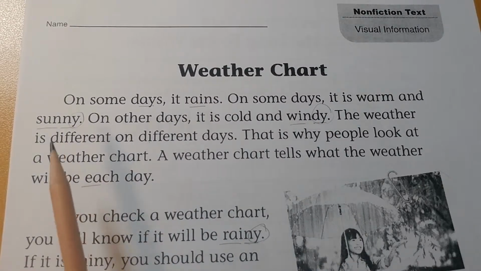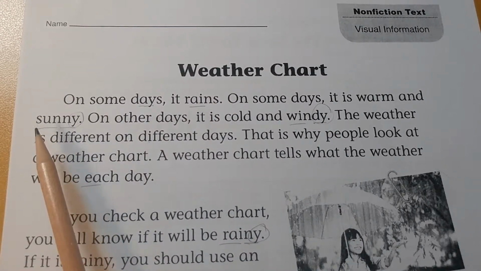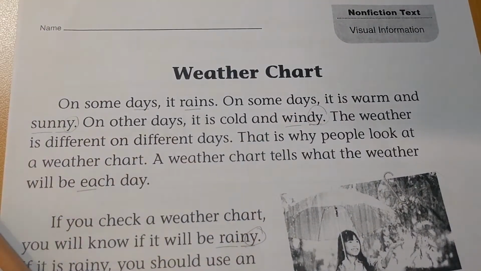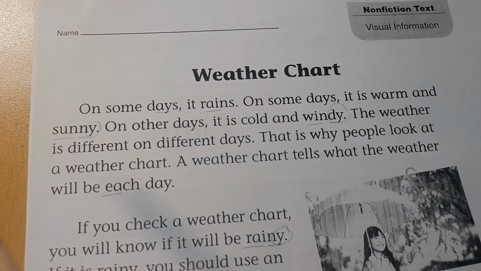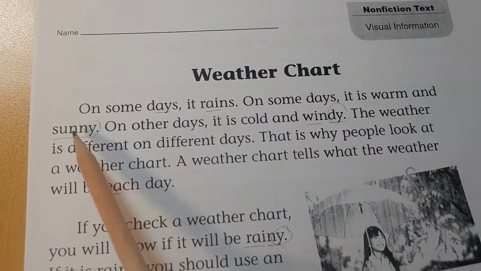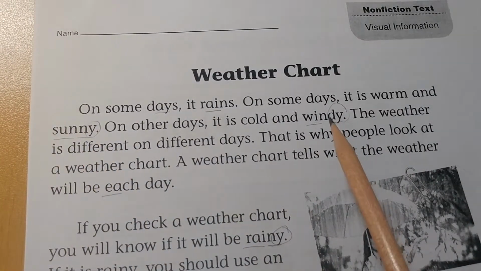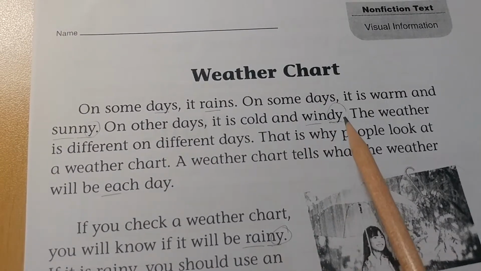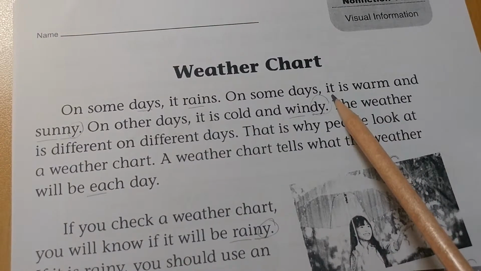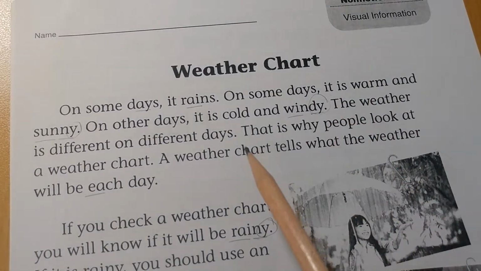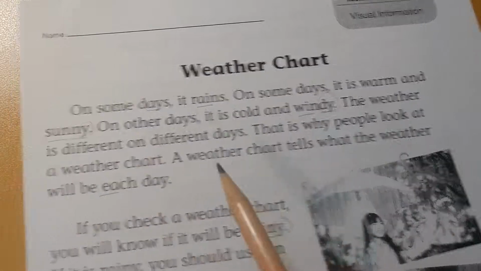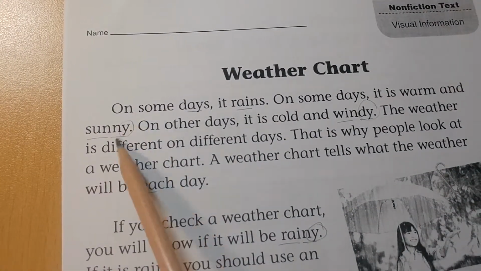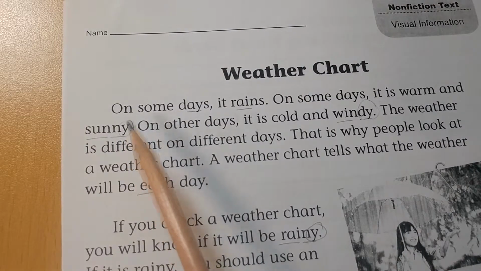Well, let's count the syllables. So can you see this word? Sunny, sunny. How many syllables? Sunny, sunny. 2 syllables. So it makes the E sound. What about this one? How many syllables? Windy, windy. That's right. So it makes the E sound, the long E sound. Remember, if a word has 2 syllables and ends in a Y, the Y makes the long E sound.